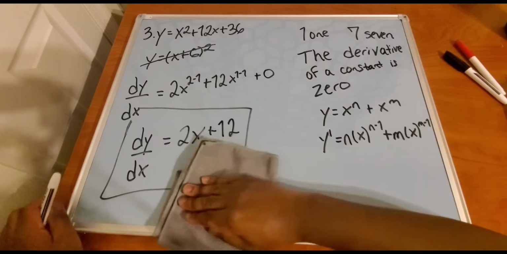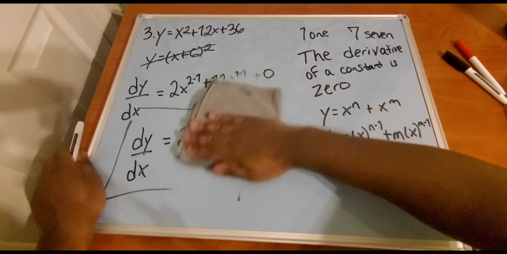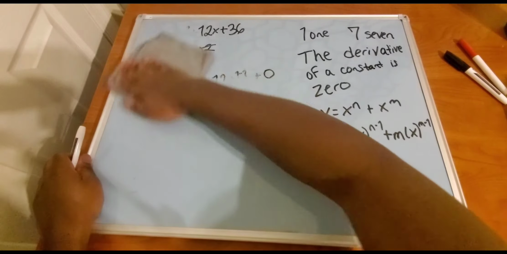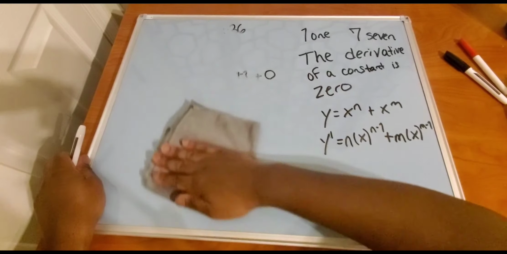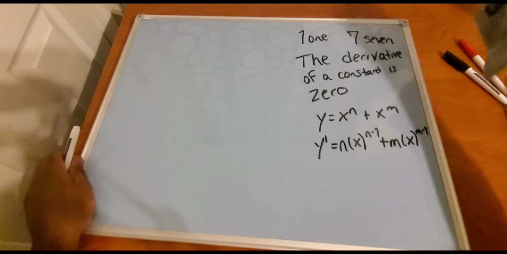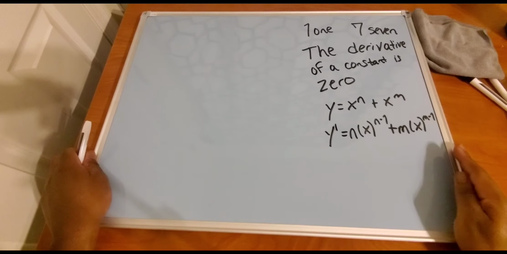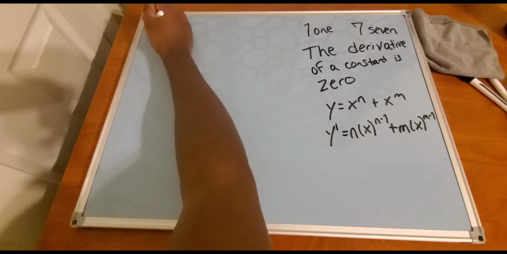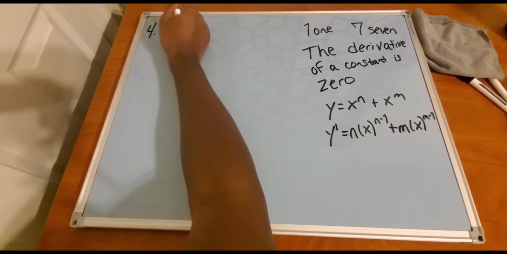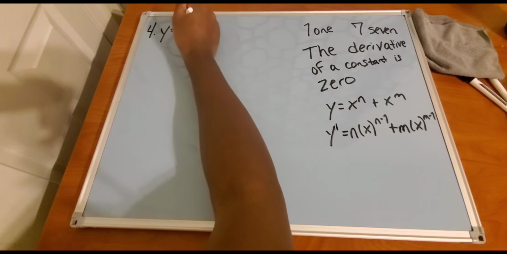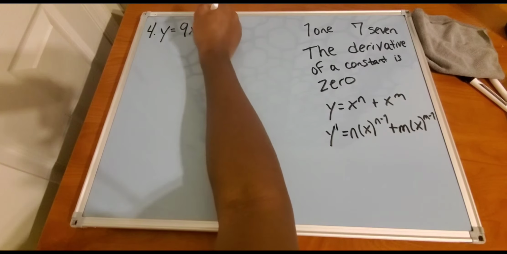So let's go ahead and move on to question number 4. I'm trying to be very careful to not erase that, but it's probably going to happen later on, unfortunately. So for question number 4, we have y is equal to 9x plus 9.